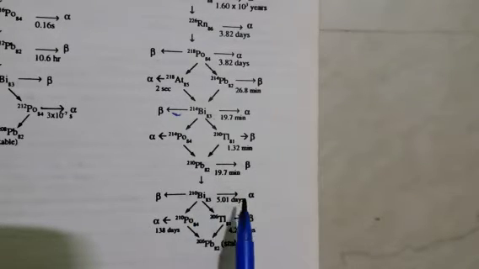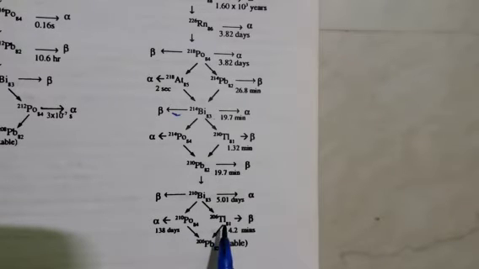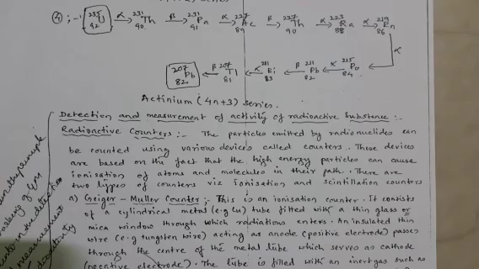This bismuth, when it emits an alpha particle, forms thallium, and if bismuth emits a beta particle, it forms polonium. If thallium emits a beta particle, it forms the stable isotope of lead, with mass number 206 and atomic number 82. Similarly, when bismuth emits an alpha particle, it forms lead also. Therefore, a stable isotope is formed.